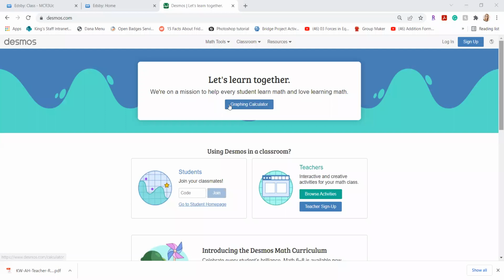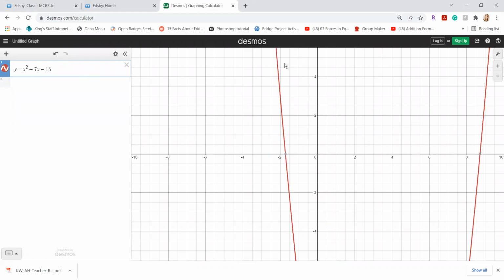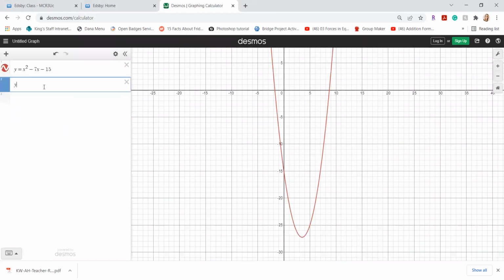I'm going to go to Desmos and we'll look at this graphically for all of you lovely visual learners out there. Okay, so we had y equals x squared minus 7x minus 15. There's the quadratic. And then we had a line, 2x minus 5.